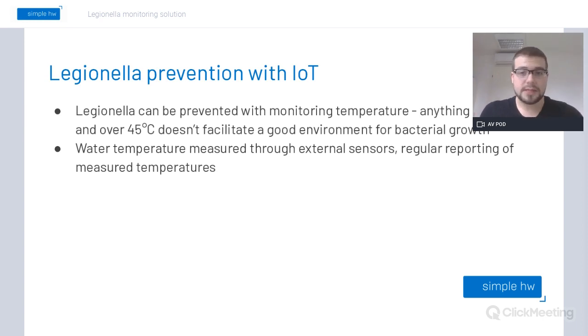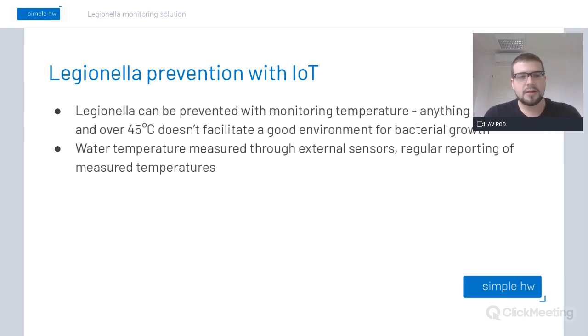And that is what we are doing, basically. There are other ways to get rid of the bacteria. For example, you can throw a chemical solution into the water and it mixes and kills the cells. But when it comes to prevention itself, without any interaction with the water, the simplest thing you can do is make sure that the temperature does not meet the ideal criteria for the bacteria to grow.